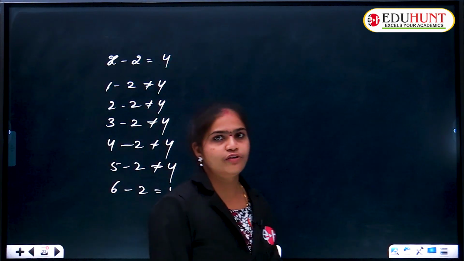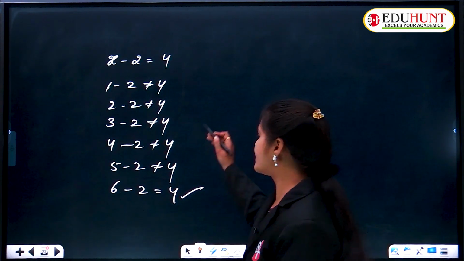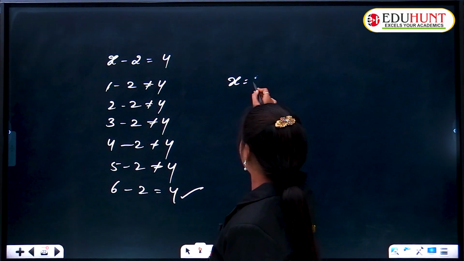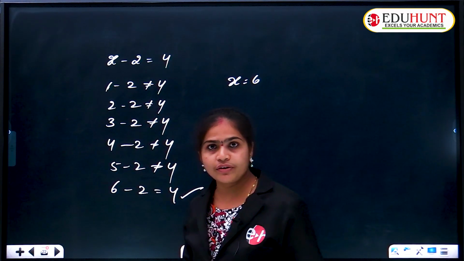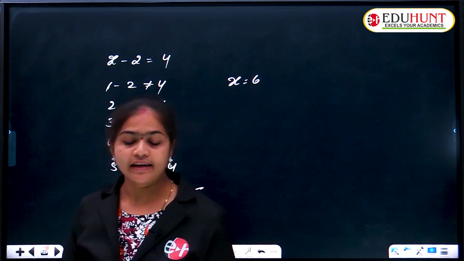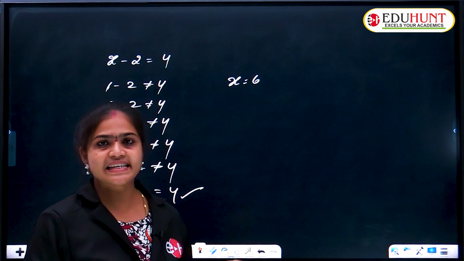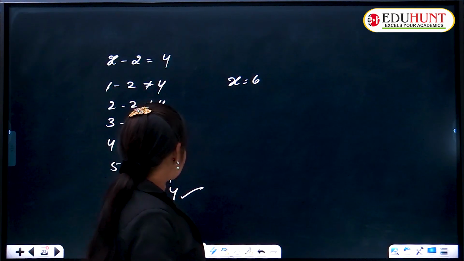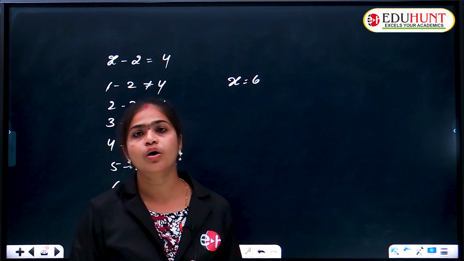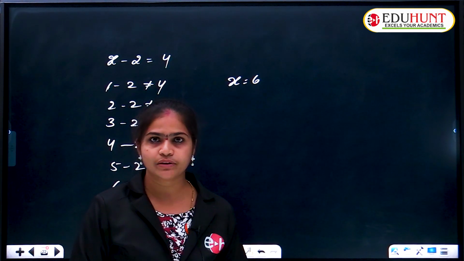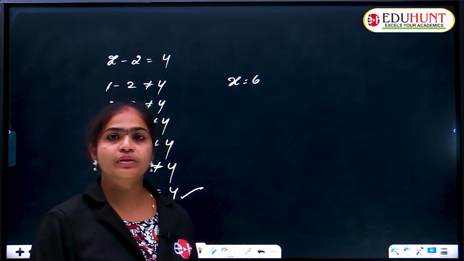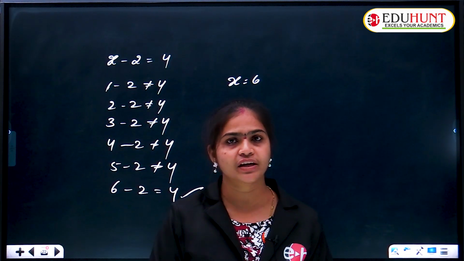Then what is the value of x here? x = 6. If the given set of numbers contains 6, then you will get 6 as the root or solution of the given equation. Children, this is the concept of domain of the variable.